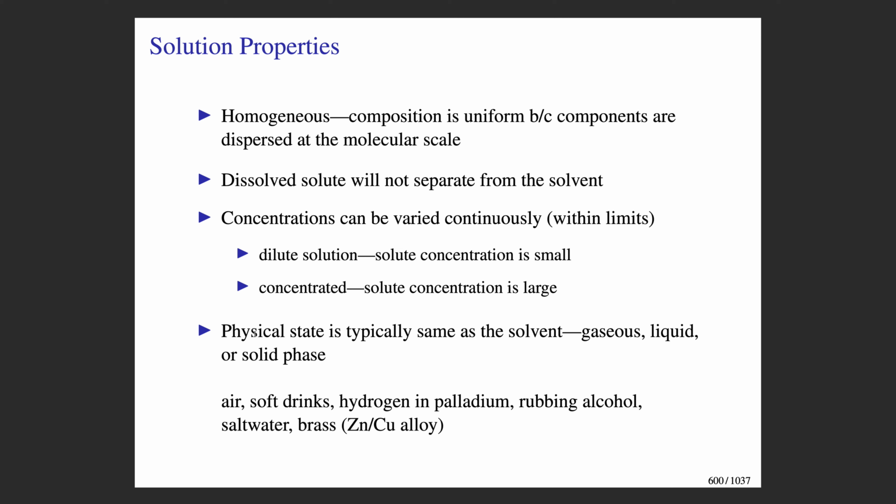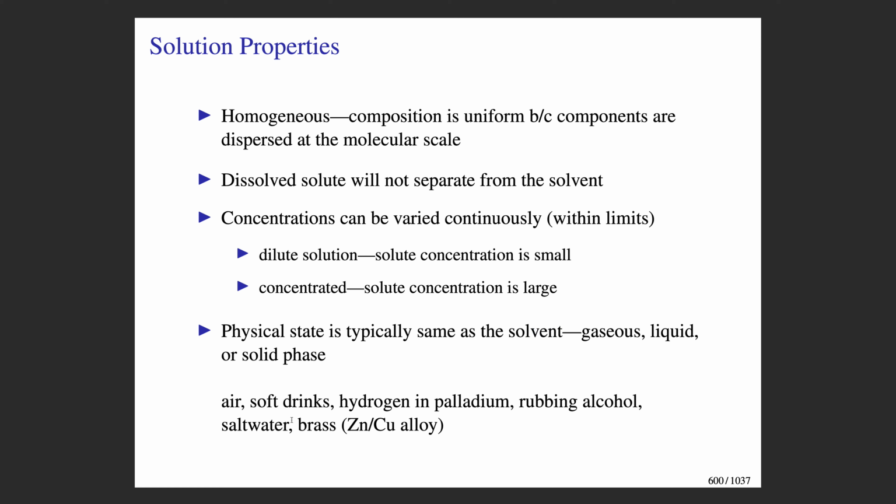So different solutions can have different phases. Like I said, we're going to be talking mostly about liquid solutions, and aqueous solutions in particular, but you can have any of these types, and that is usually, not always, determined by the phase of the solvent. There are exceptions to that.